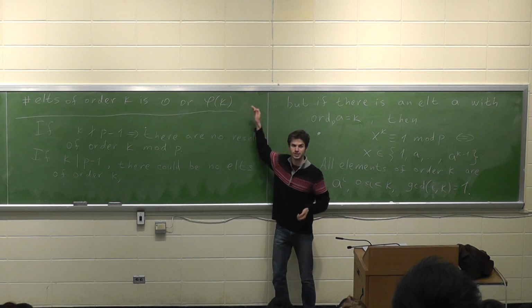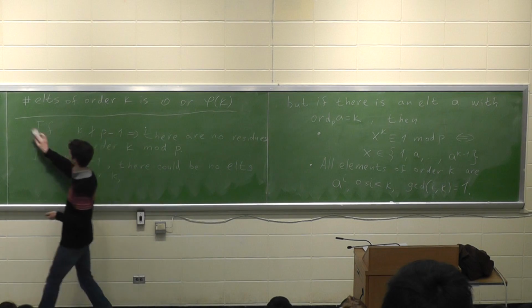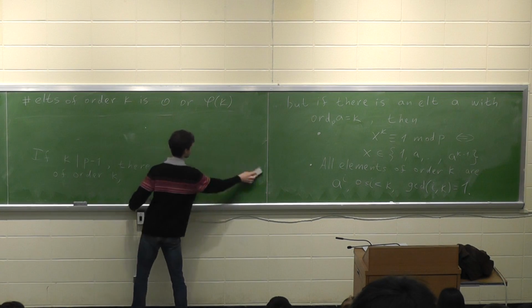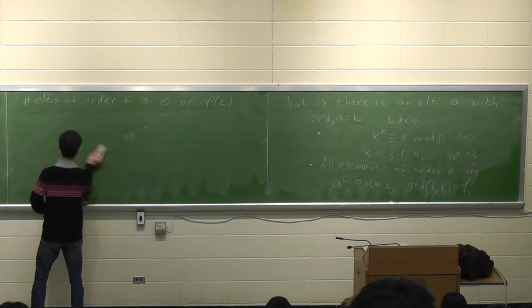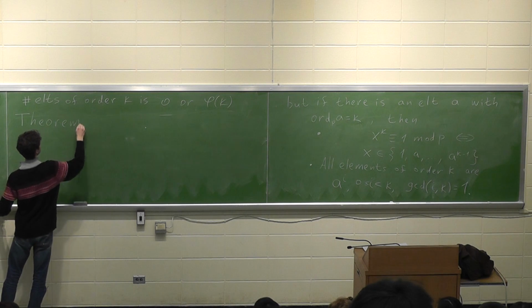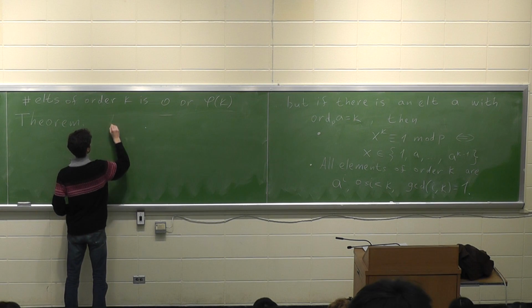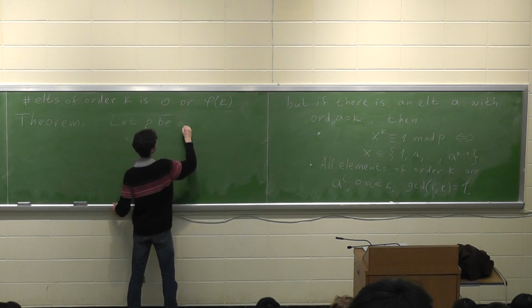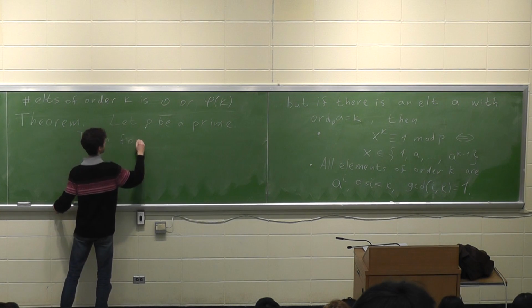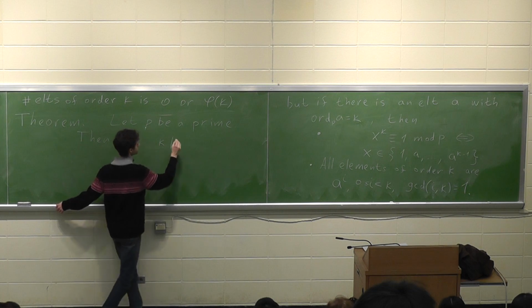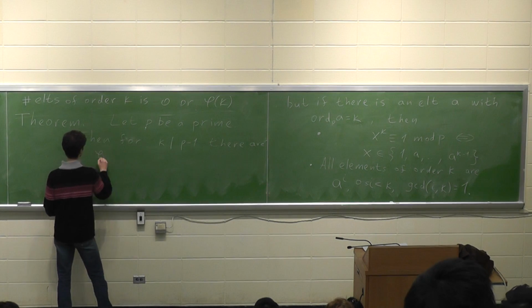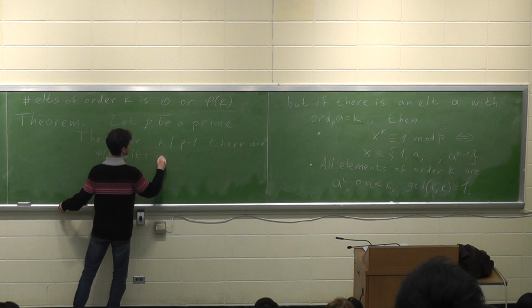In fact, to formulate the theorem: for k which is a divisor of p minus 1, there are φ(k) elements of order k.